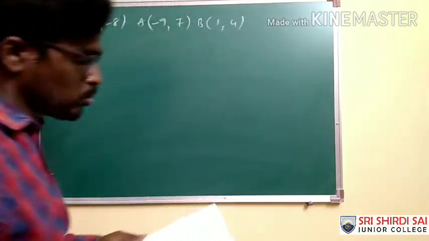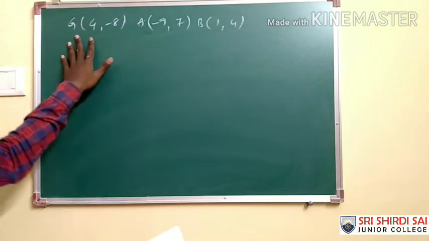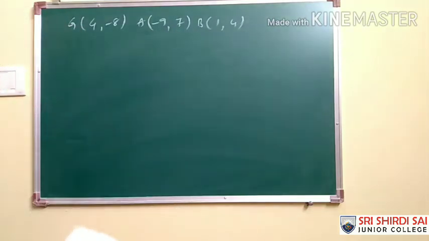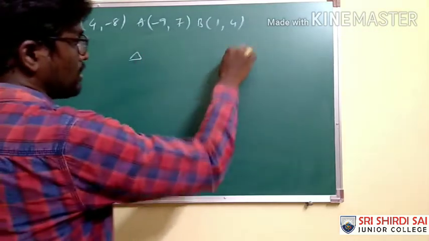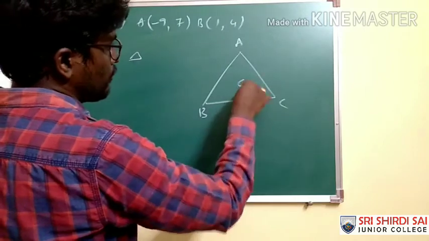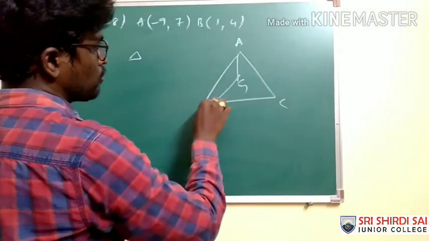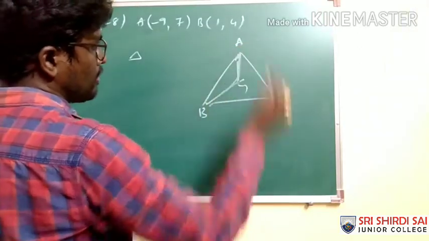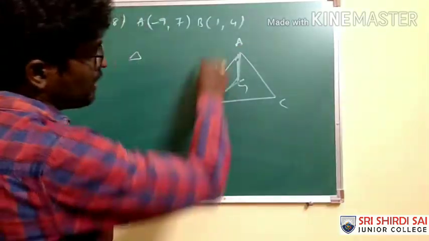Then the area of the triangle. Means in the triangle ABC you are given the coordinates of G and also the coordinates of A and B. But we are asking for the area of this entire triangle.